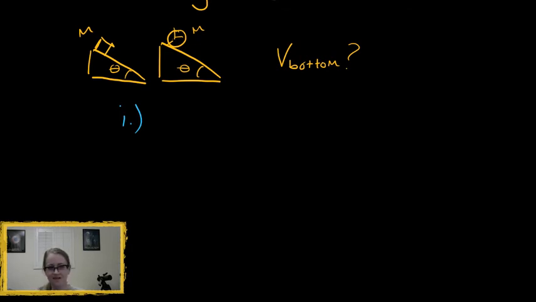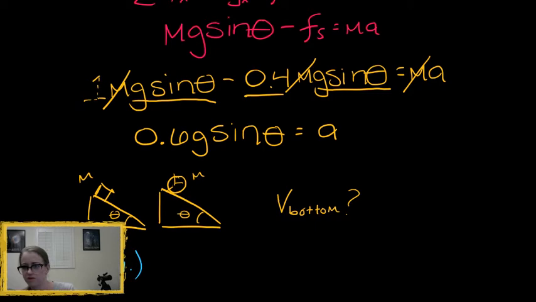And the nice thing is, we already did it in terms of forces. We got an acceleration of 0.6 g sine theta for the wheel. The block wouldn't have that 0.6 because it wouldn't have this minus 0.4 part of it.